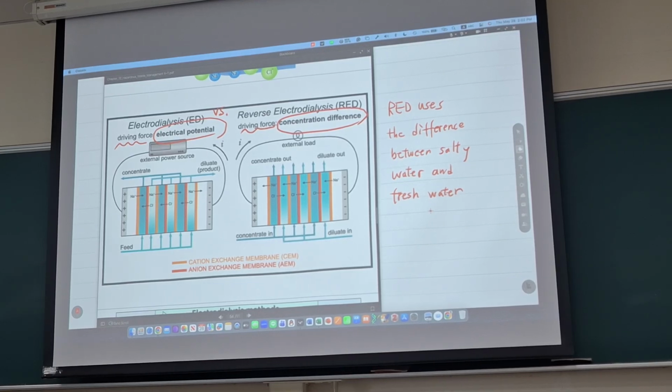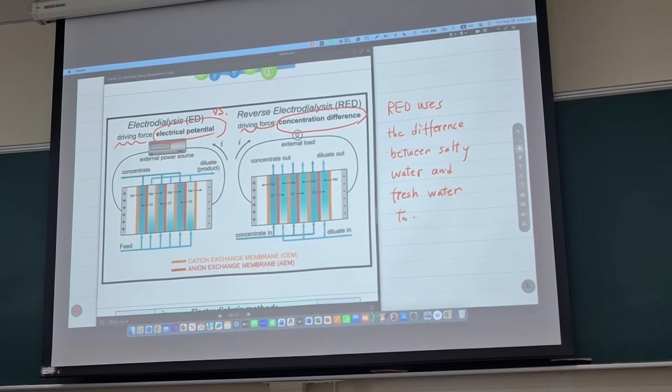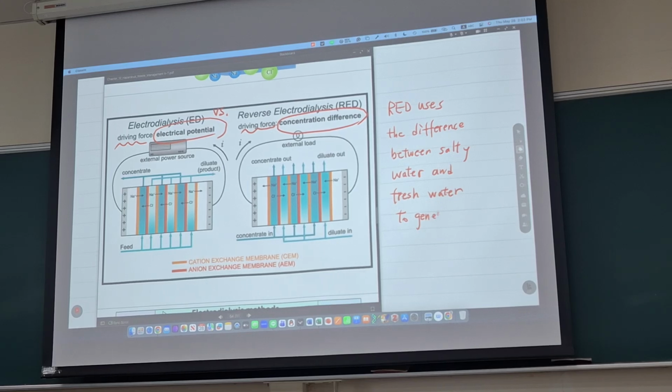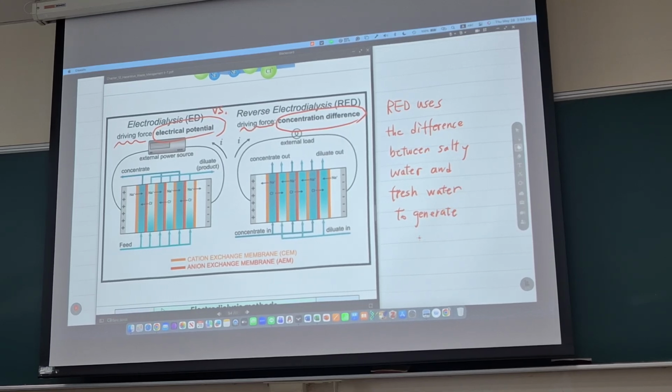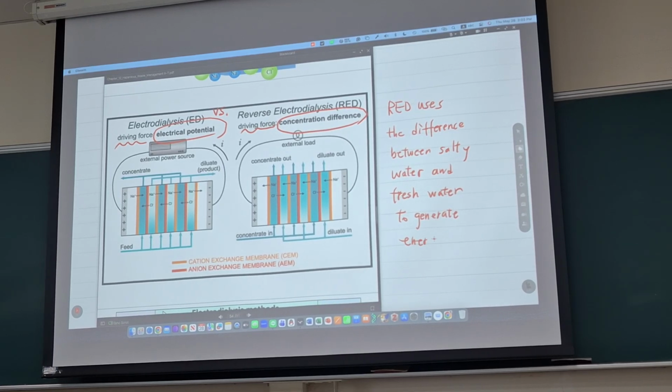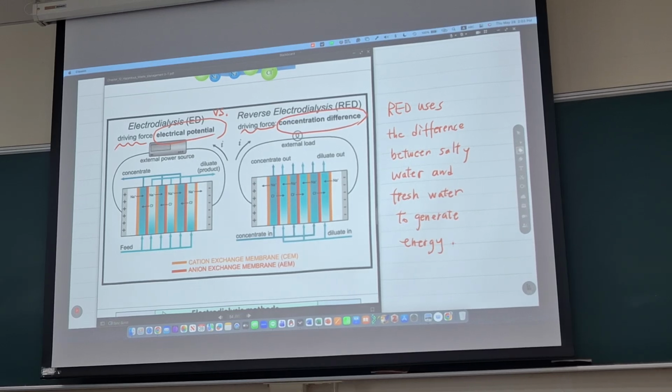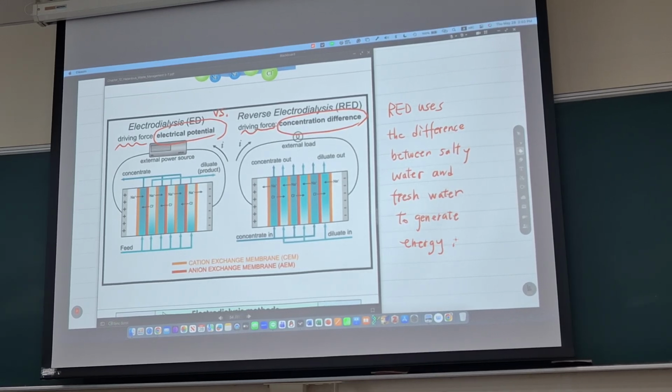But the purpose is not to separate anything. The purpose is to generate energy. So RED doesn't require energy.